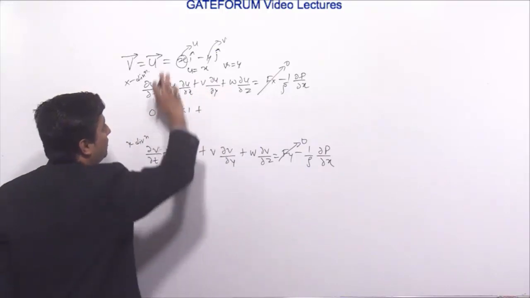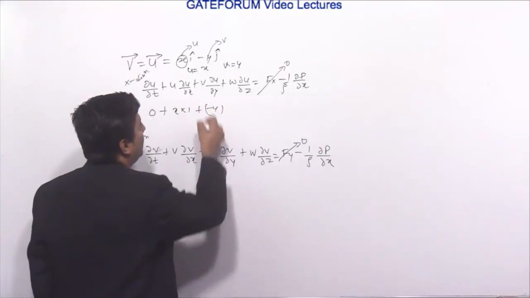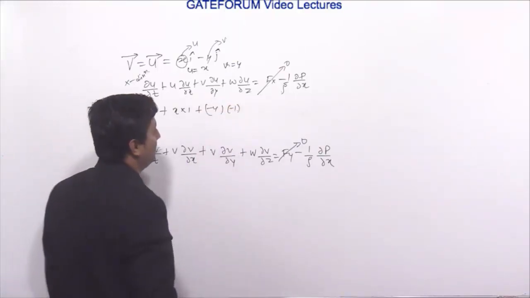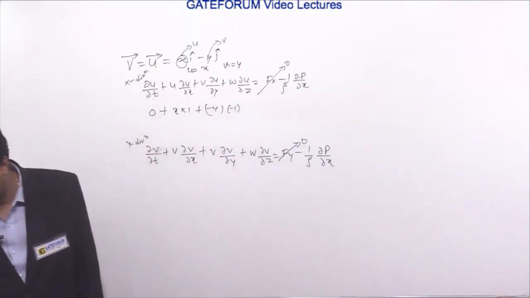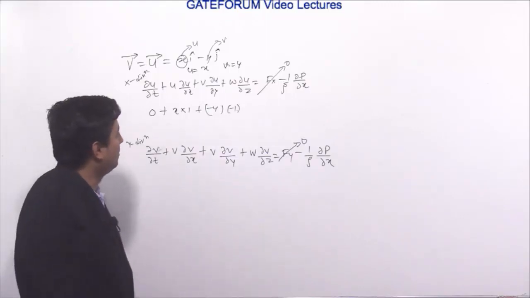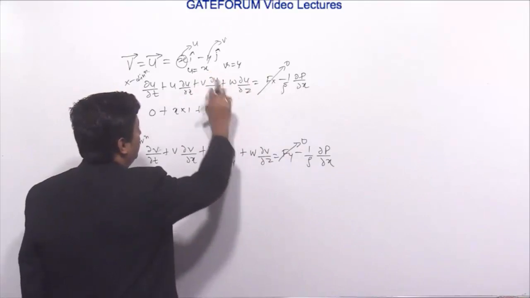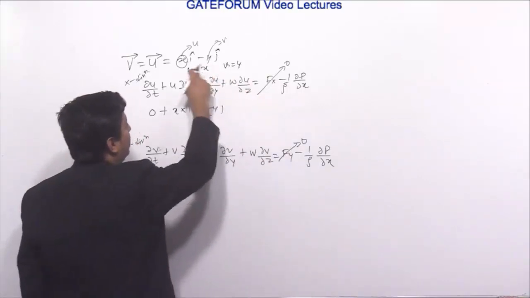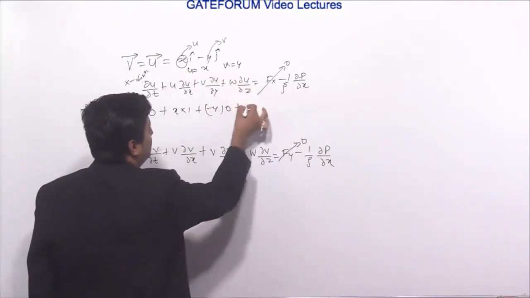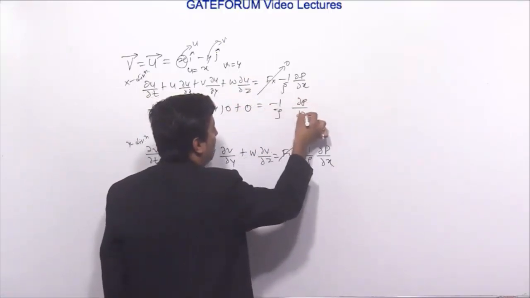Simply calculate this. v is equal to minus y, and del u by del y is 0. Plus w is 0, this equals 0, minus 1 by rho del p by del x.